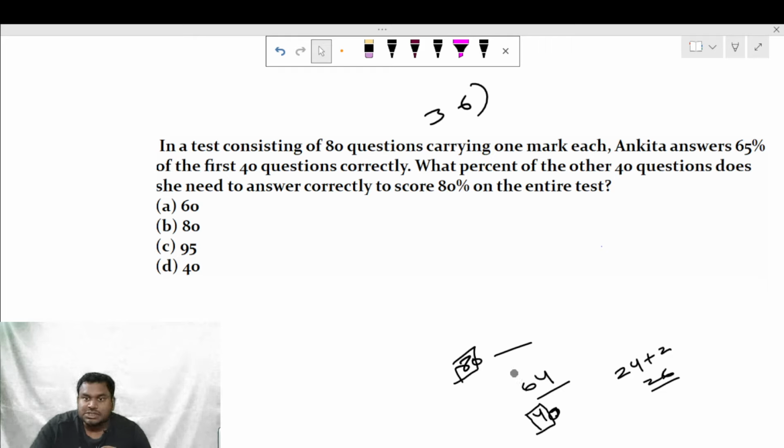So in total she should get 64 correct. Remove 26 from 64, you will get 38. So 38 she should get from the remaining 40. So it would obviously be 95%, because 38 will be 95%.